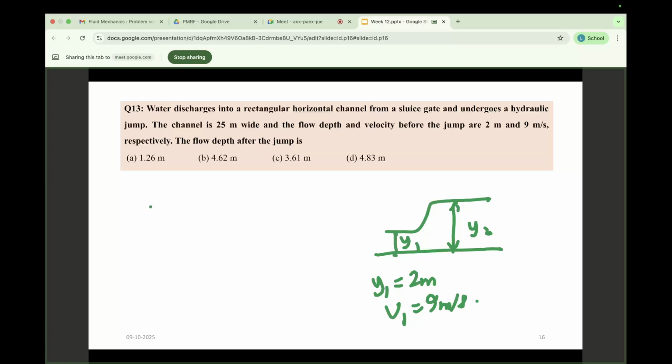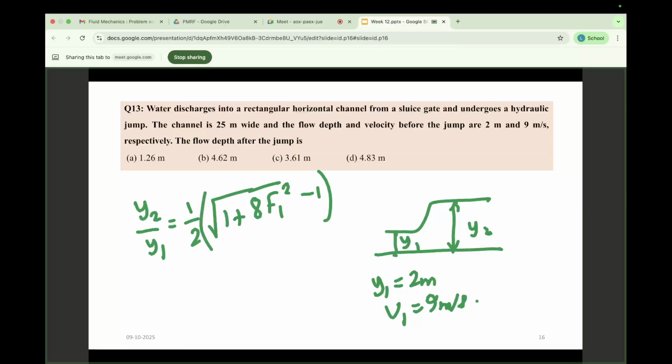Considering the same specific force, one derivation that you will get is y2 by y1 equals 1 by 2 times the root of 1 plus 8 F1 squared, minus 1. That is the formula, where F is the Froude number.